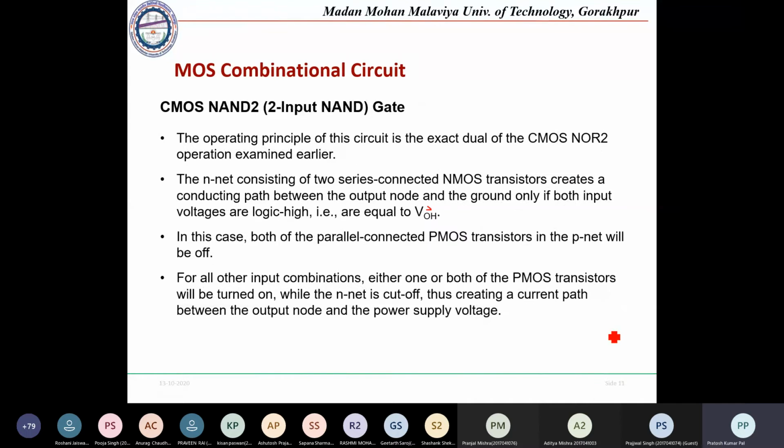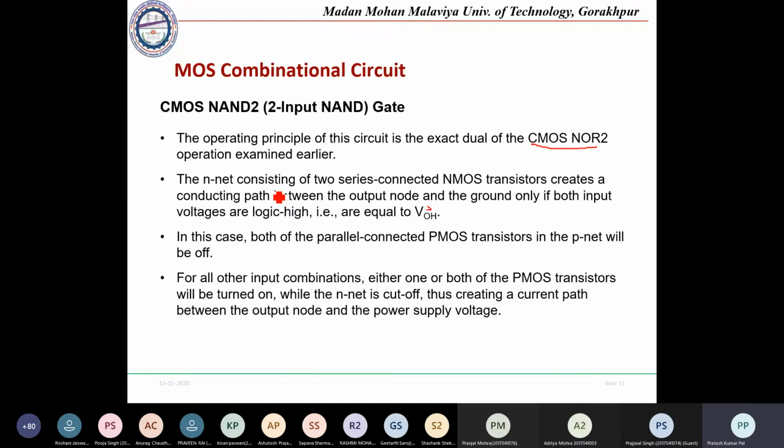Similarly, we will be analyzing the CMOS NAND gate implementation. Here the operating principle of the circuit is exactly the dual of the CMOS NOR operation. Whatever we have seen for NOR operation, this is opposite to it.